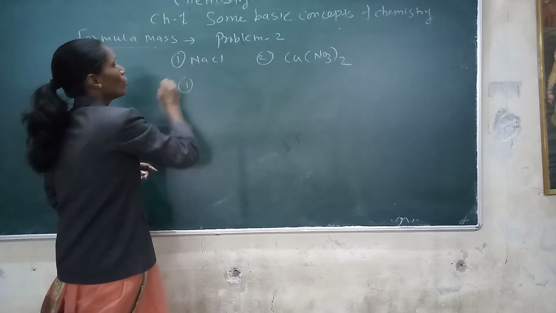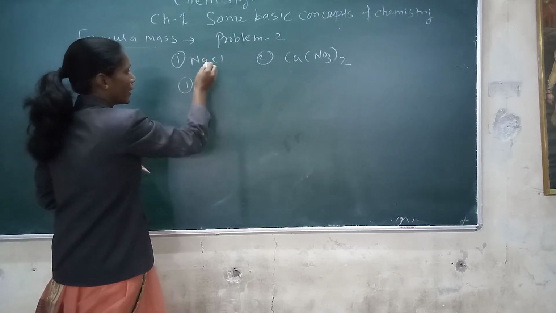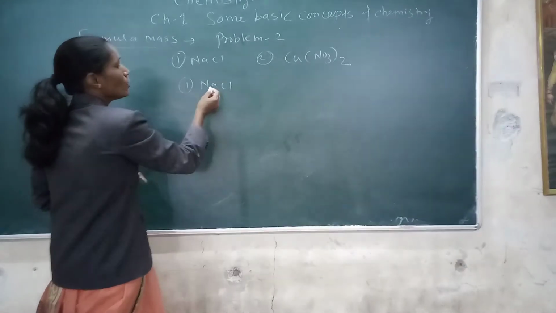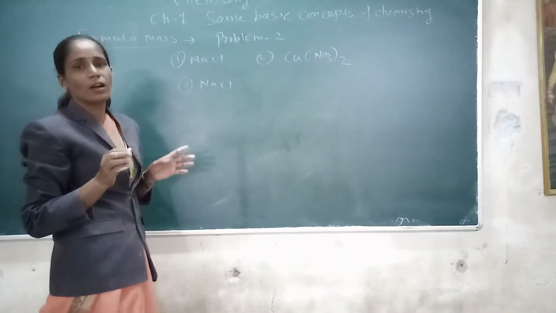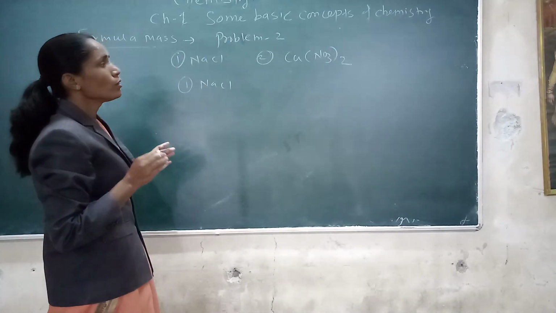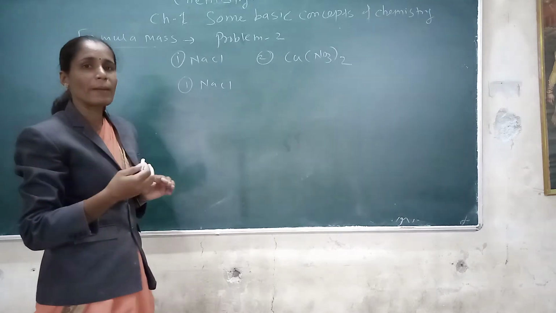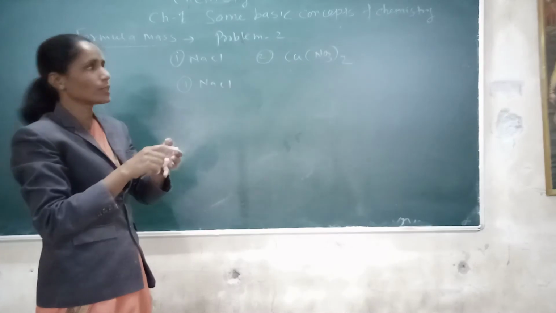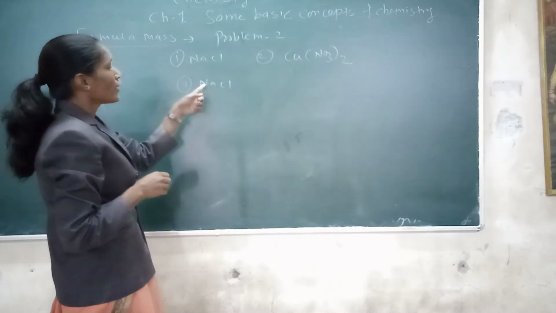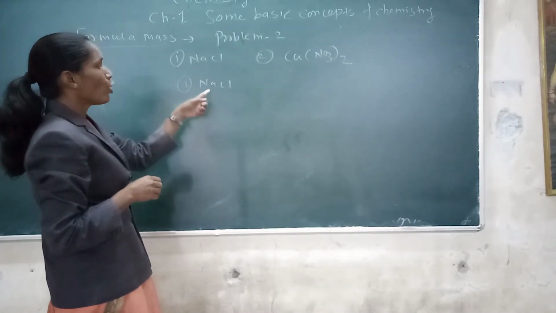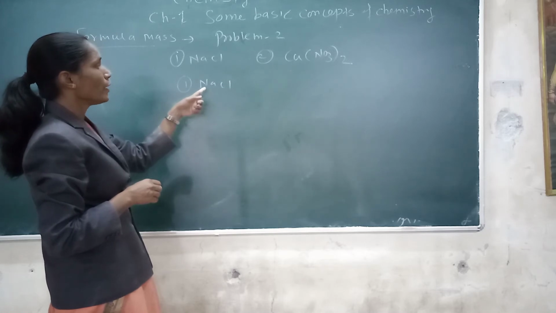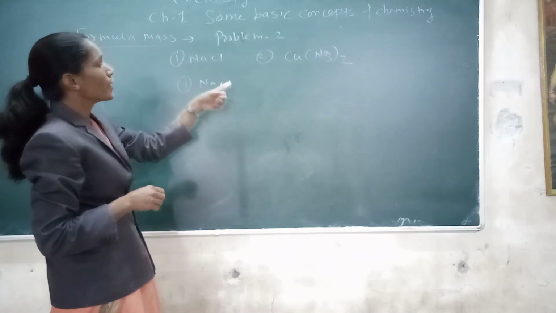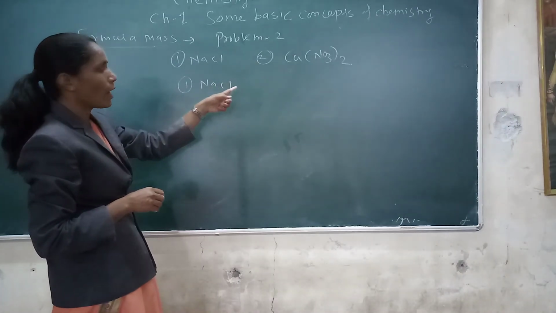First of all, we solve here NaCl. Formula mass of NaCl. The basic concept here is to learn the atomic masses of elements in the periodic table, that is hydrogen, carbon, nitrogen, oxygen. For example, sodium shows atomic mass 23, chlorine shows 35.5.